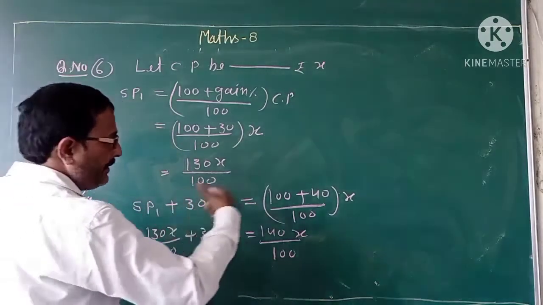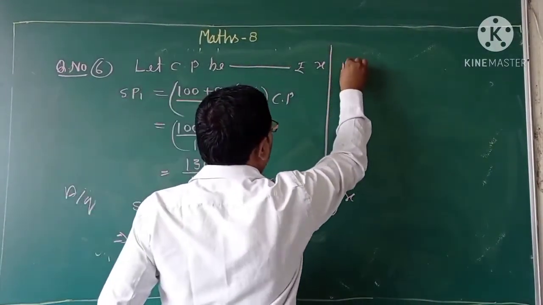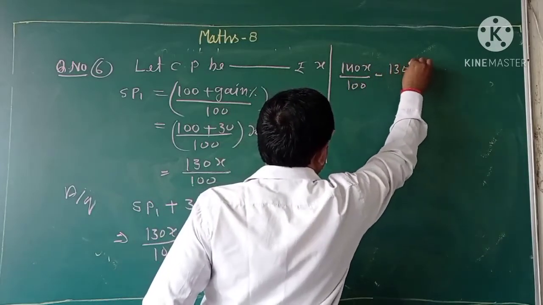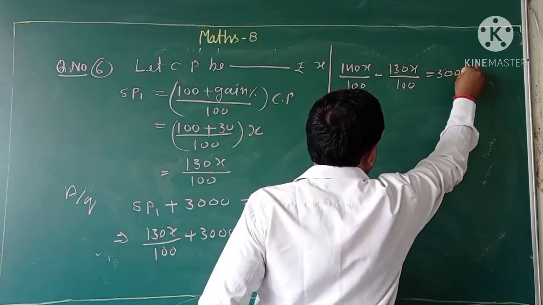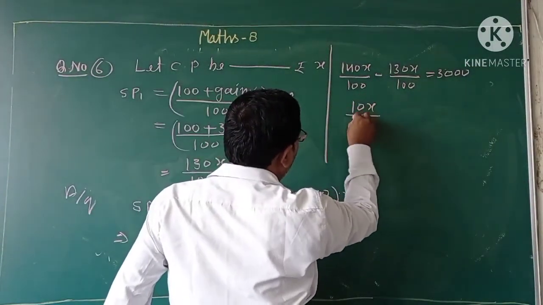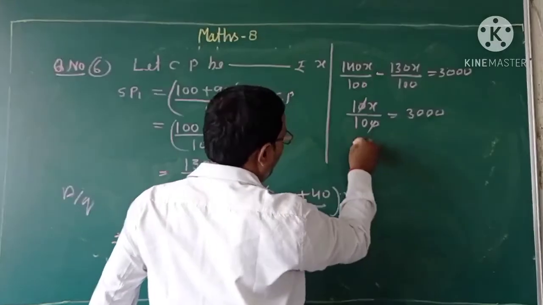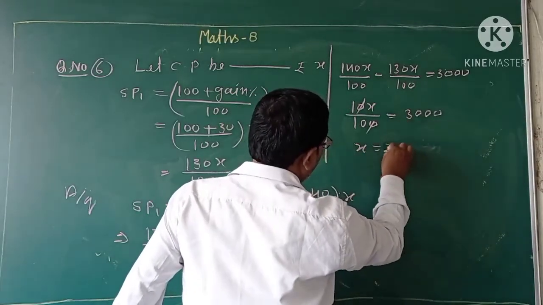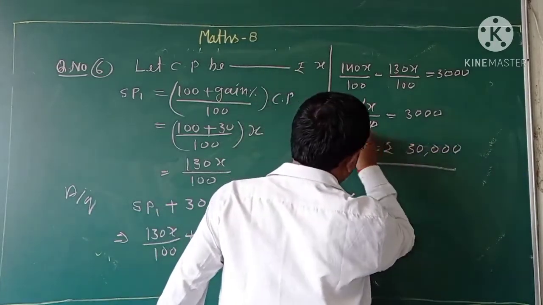This one plus, that side will be minus. You will get a linear equation: 140X upon 100 minus 130X upon 100 is equal to 3,000. That will be 10X upon 100 equals 3,000, zeros cancel, X is equal to 30,000 rupees. This is your solution.